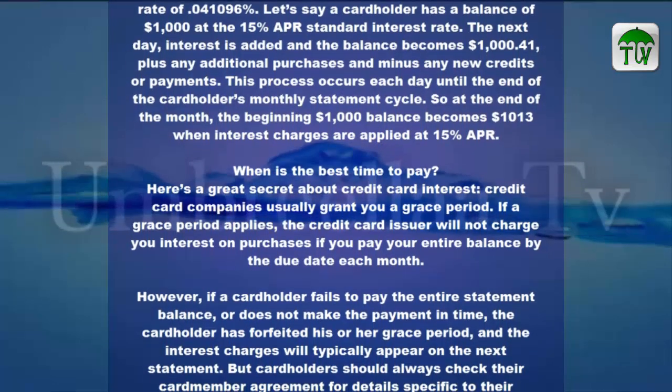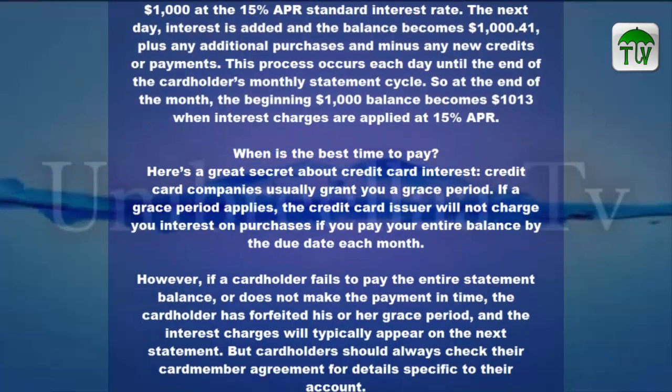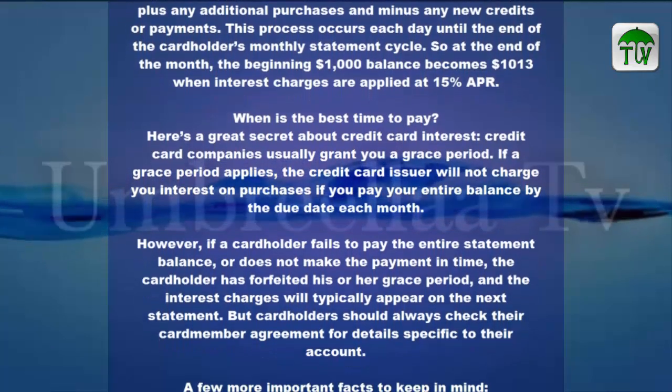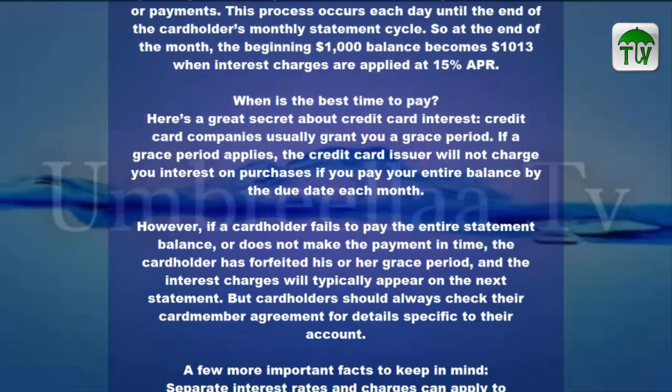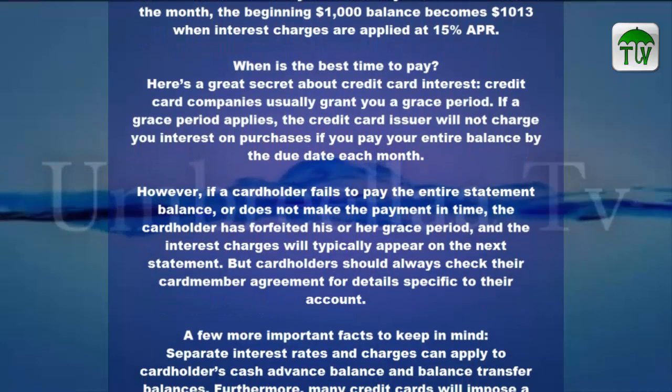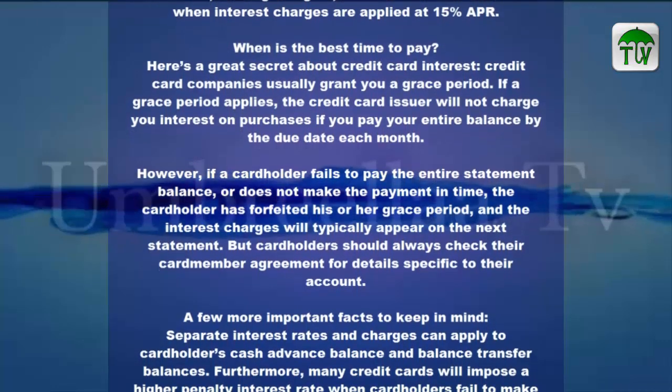This process occurs each day until the end of the cardholder's monthly statement cycle. So at the end of the month, the beginning $1,000 balance becomes $1,013 when interest charges are applied at 15% APR. When is the best time to pay?